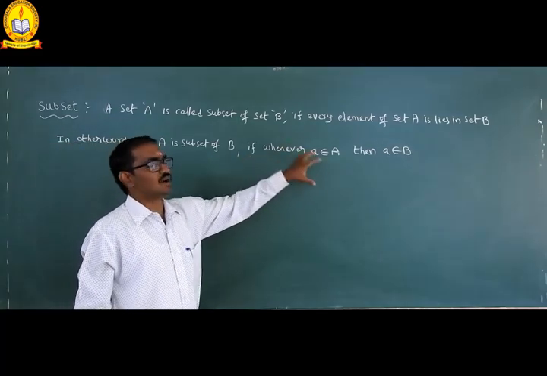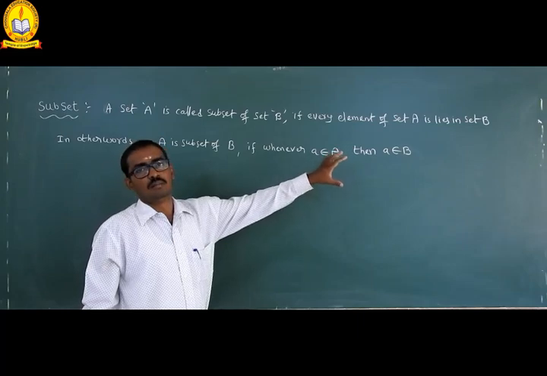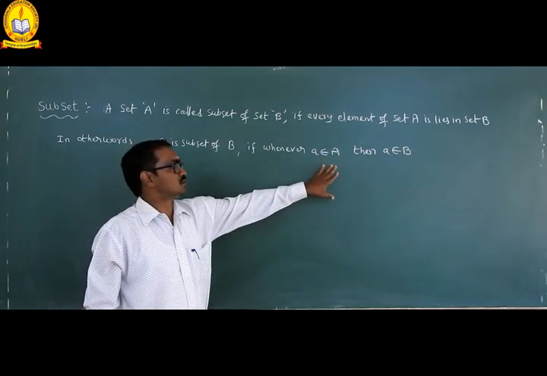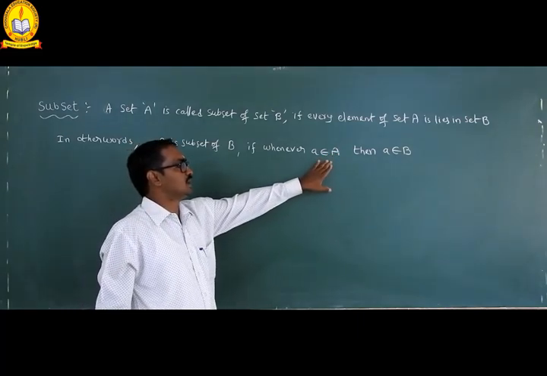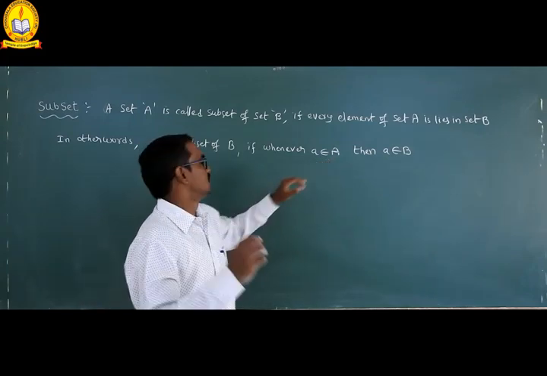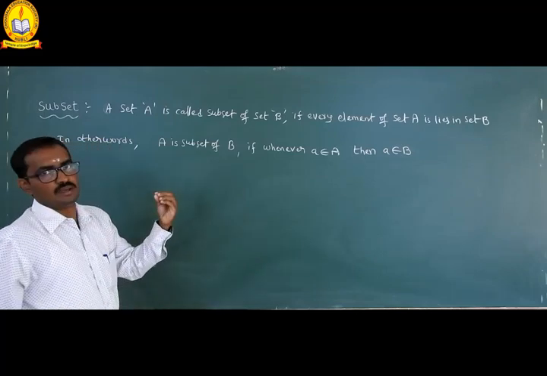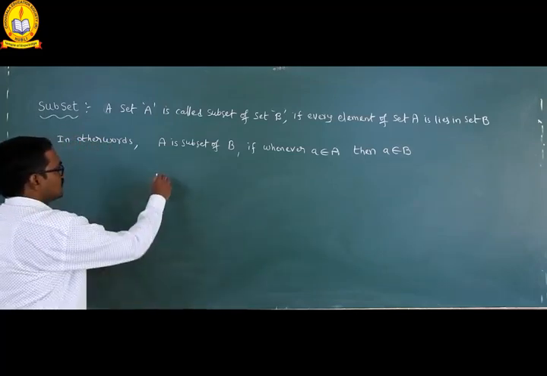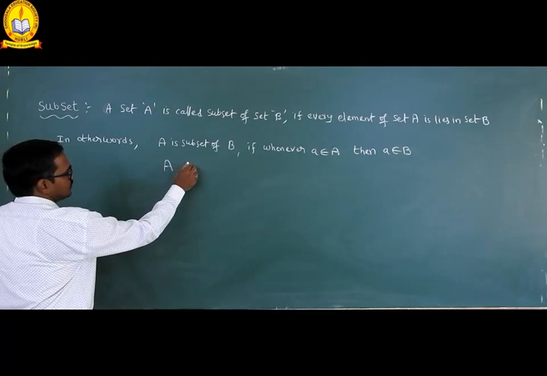If whenever a belongs to capital A, then a belongs to capital B. That means take any element of capital A, it must lie in capital B. Then A is a subset of B. Symbolically, we can denote A is a subset of B.